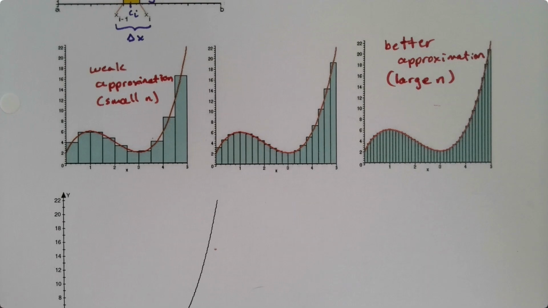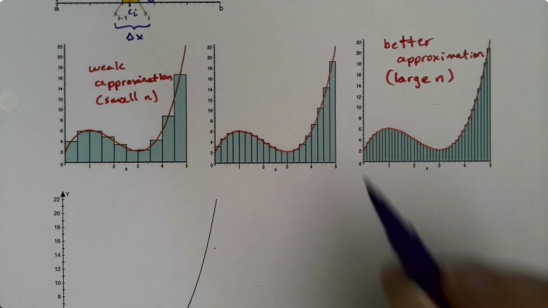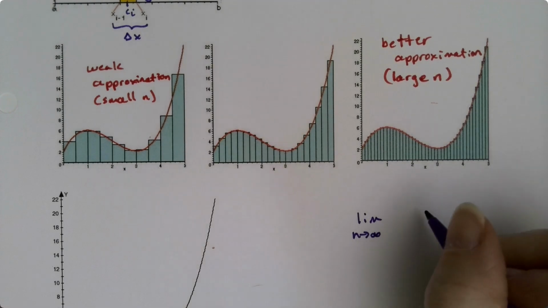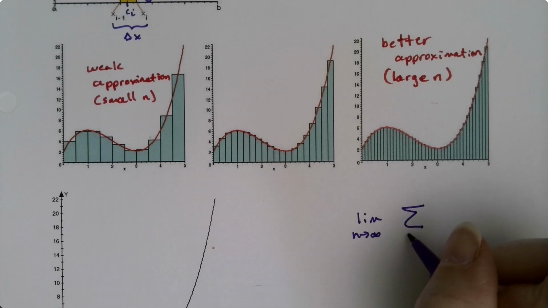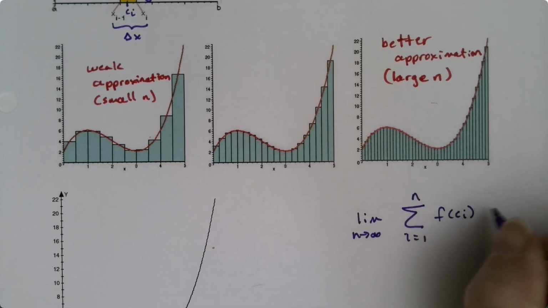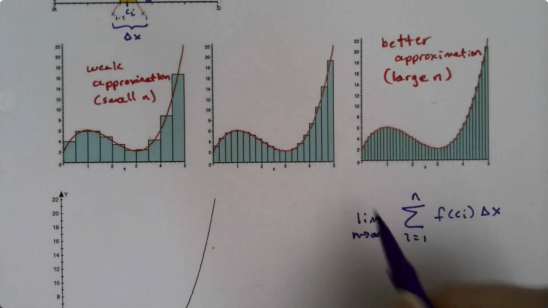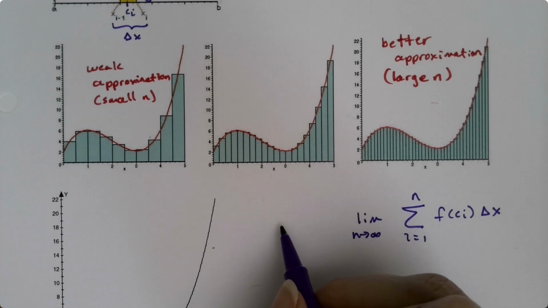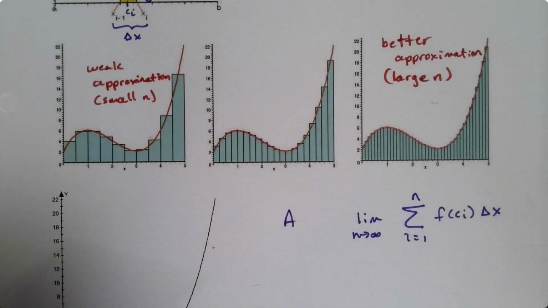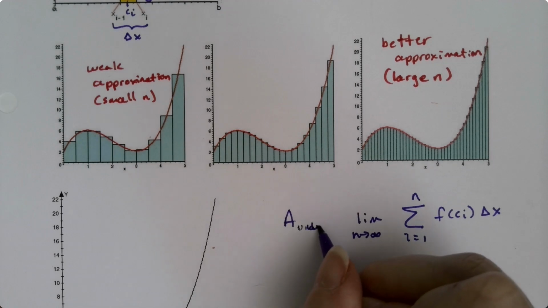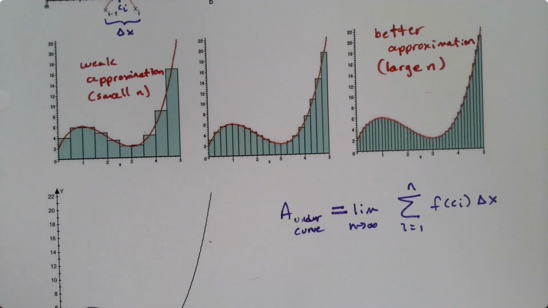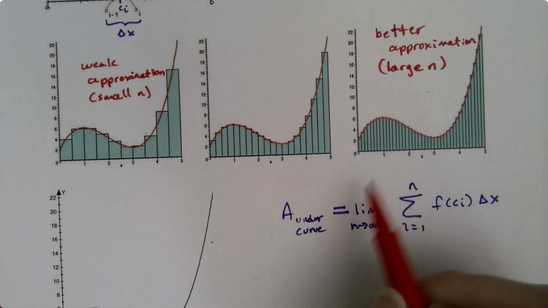If we take the limit as n goes to infinity of that summation, then we've actually found the exact area under that curve. It equals this value. It's not an approximation. It's exact.